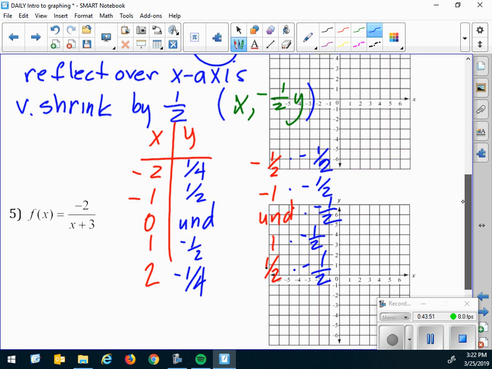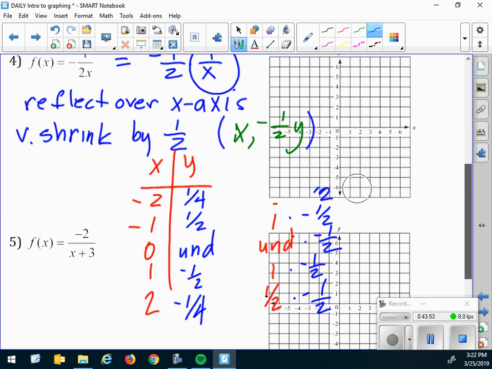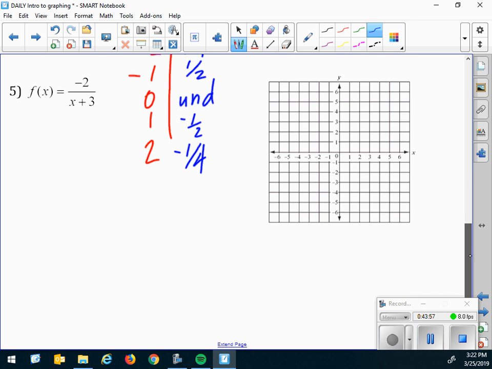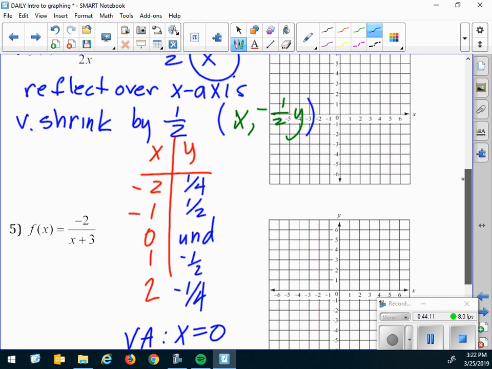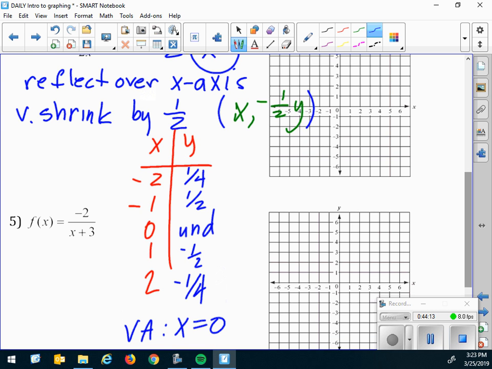Okay, let's plot them. Oh, asymptotes. X equals 0? Yeah, your vertical asymptote is still x equals 0. It was 0. What's negative 1/2 times 0? 0.